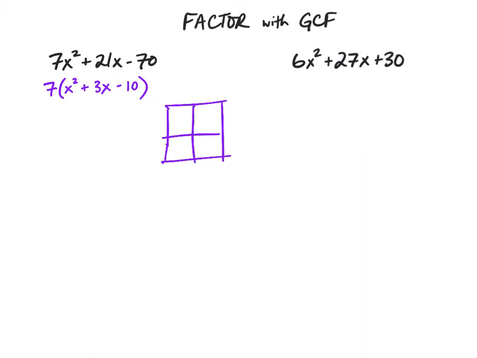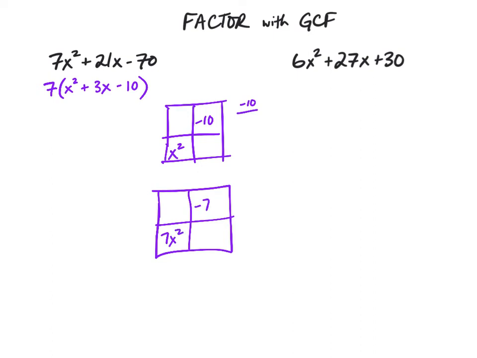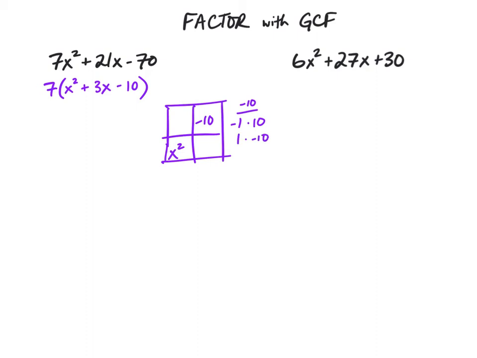I would much rather do a box with x squared and negative 10, where I only have to factor negative 10, instead of doing box method of 7x squared and negative 70 and trying to factor negative 490. No thanks. Let's go back to that negative 10. That will be much easier. 1 times 10, where one of them is negative, or 2 times 5, where one of them is negative.